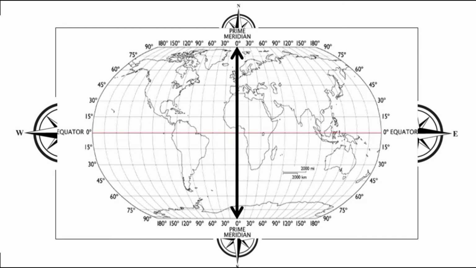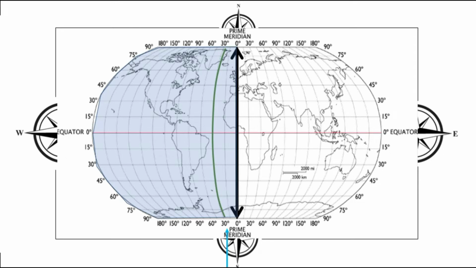Now there are two other hemispheres. This is the prime meridian, right? Let's take a look at the western hemisphere. Everything on Earth in here is in the western hemisphere. So down here, I'm pointing to 30 degrees, and this entire longitude line from 30 degrees here all the way to 30 degrees here, it's called 30 degrees, but since it's in the western hemisphere, the name of this line is 30 degrees west.